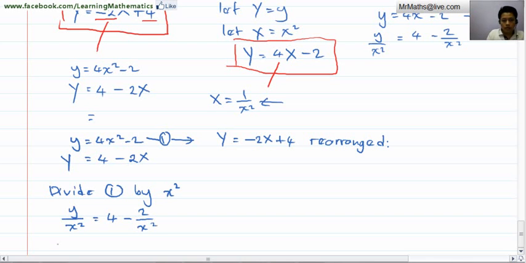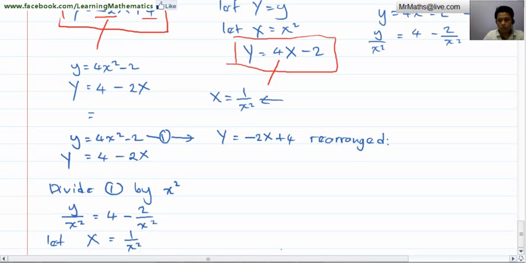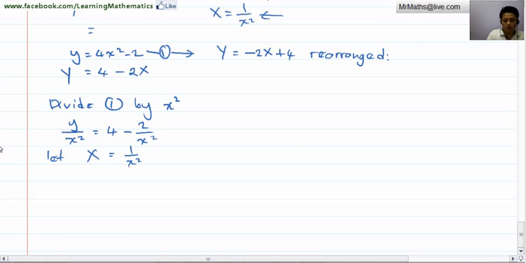Then let X become 1 over x squared, and let Y become y over x squared. Then you get it, right? Y equals 4 minus 2X.